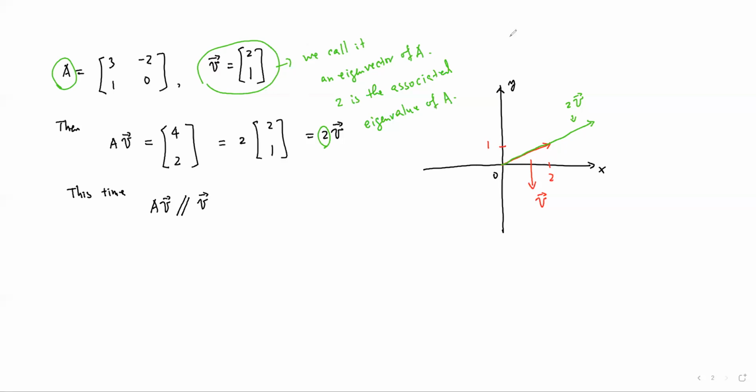So let me present the definition of eigenvalues and eigenvectors now. Definition: let A be a square matrix. For eigenvalues and eigenvectors, we only consider square matrices.